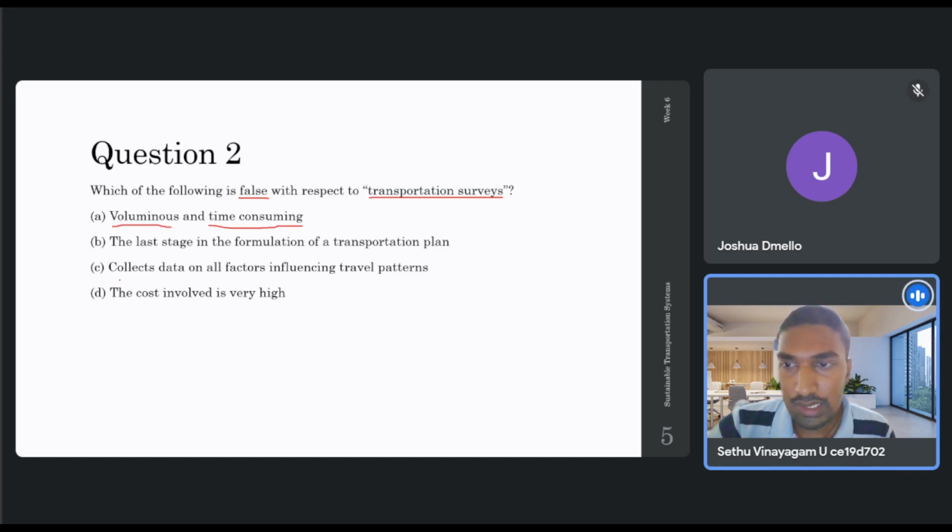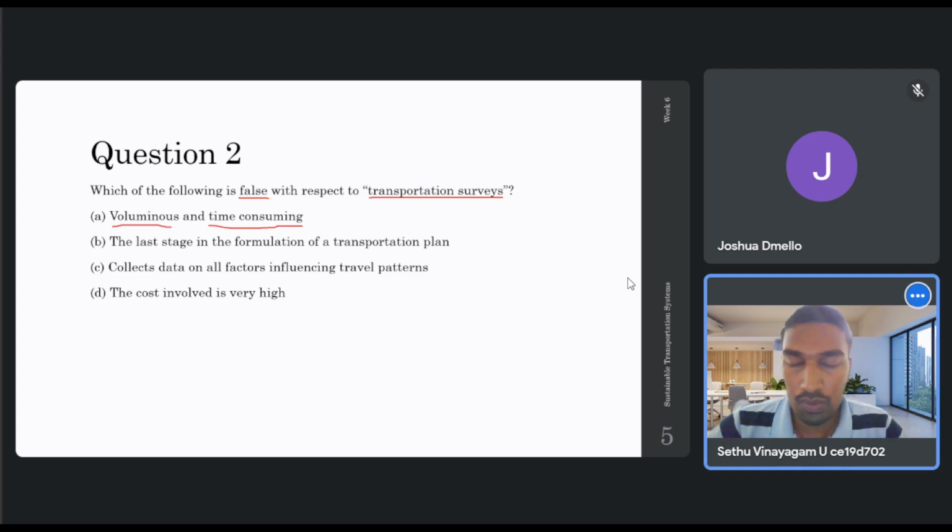It's not wrong. It's voluminous and time consuming. Then option C says collects data on all factors influencing travel patterns. This is also correct, because as I said, we want to predict what the future conditions are going to be, so we need to know the travel patterns. To do that forecasting, that estimation of the future conditions, we need to collect data on all the factors that are going to influence it.